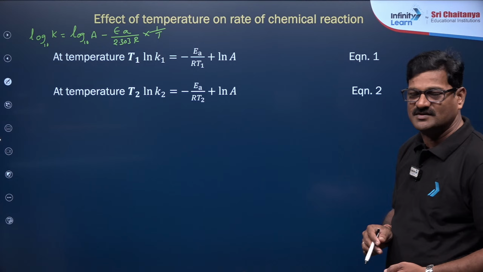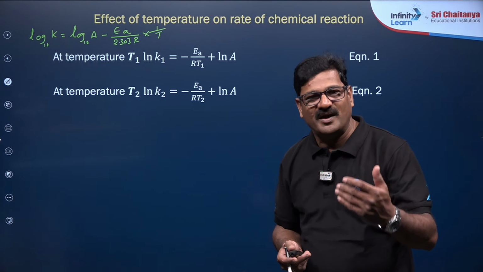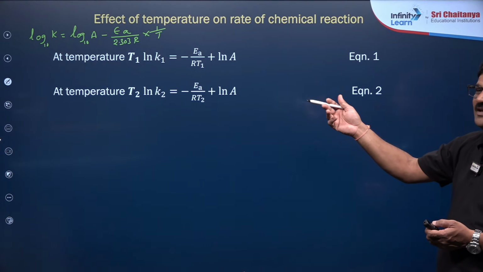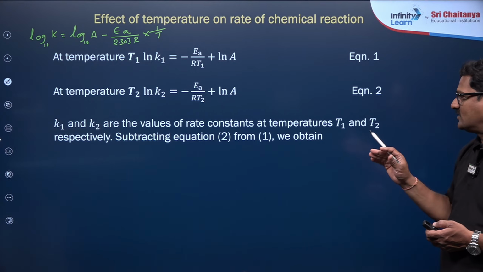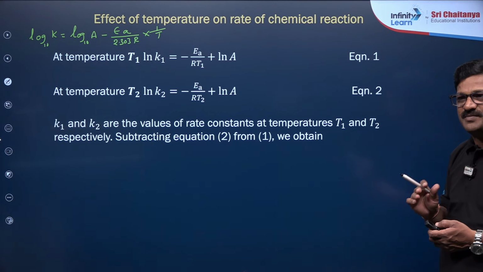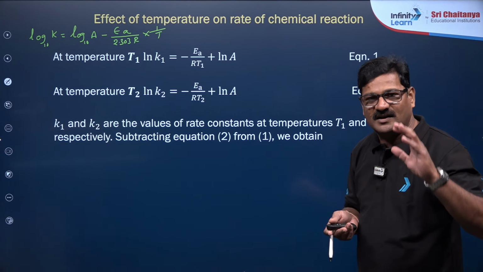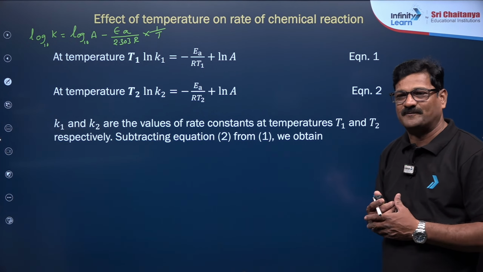Log A minus log B is equal to log A by B, right? So you will get ln K2 by K1. K1 and K2 are the values of the rate constant at temperatures T1 and T2 respectively. You need not derive it; I just want to let you know what the derivation exactly means.